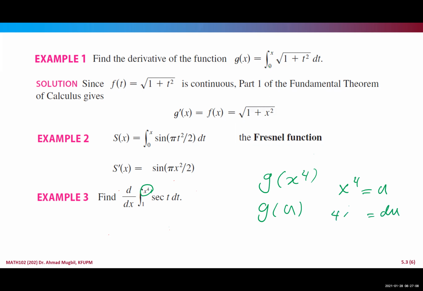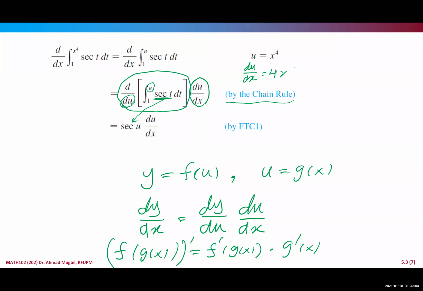Forget about this now. What is the derivative of this according to the fundamental theorem of calculus? If you have a variable and you are differentiating with the same variable, it will just be the inner function at the upper limit. Now, du dx, what is du dx? It is so easy. It is 4x to the power 3.